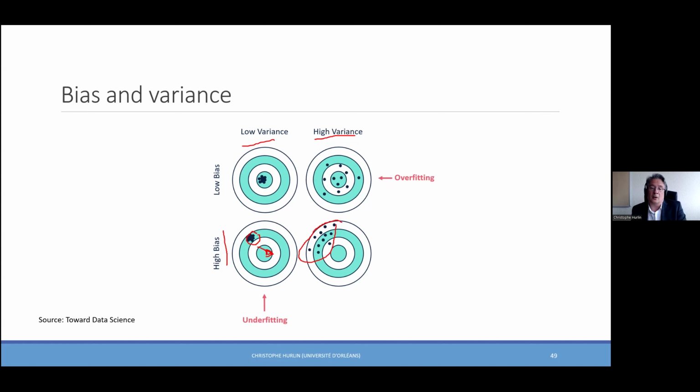What we call an overfitting issue corresponds to a model that has a low bias but a high variance on the test set, that is on the new data.